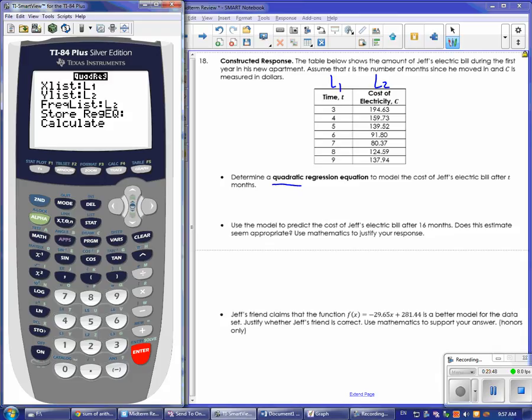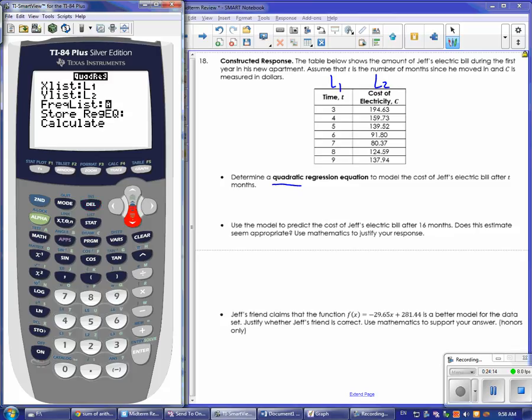So I have my X data, or my T data in this case, in list 1, and my Y information is in list 2. Now be very careful, because the newer calculators also have a frequency list. This is something that you would use if you had like a frequency table, which we don't have in this case. So I'm going to use delete to clear that out. So you want to leave that blank.